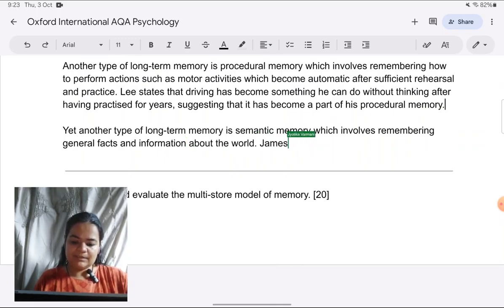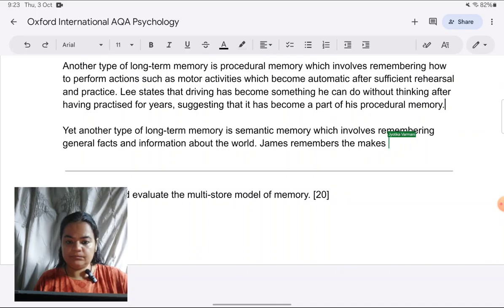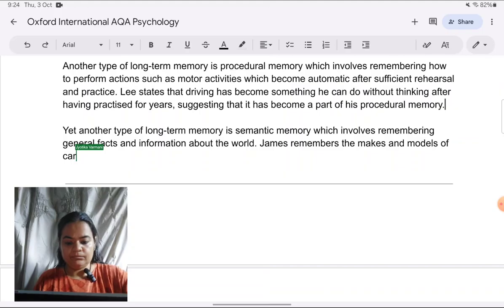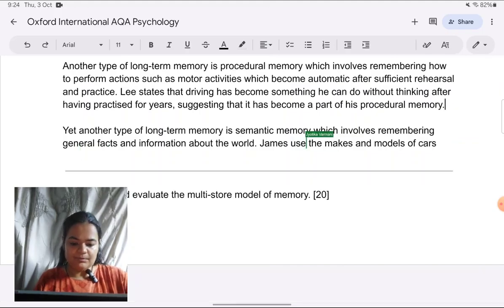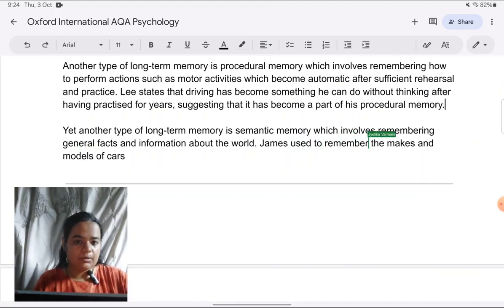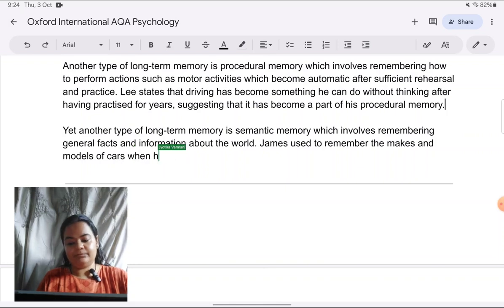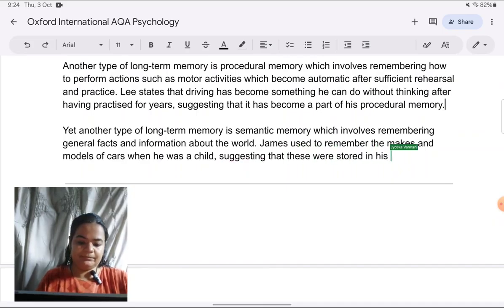James remembers the makes and models of cars, or we can say James used to remember the makes, because we don't know right now whether he remembers or not, they've not specified. He used to remember the makes and models of cars when he was a child, suggesting that these were stored in his semantic memory.